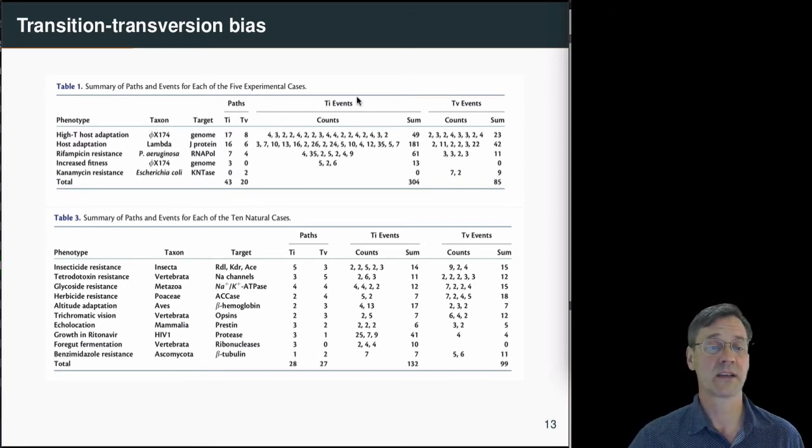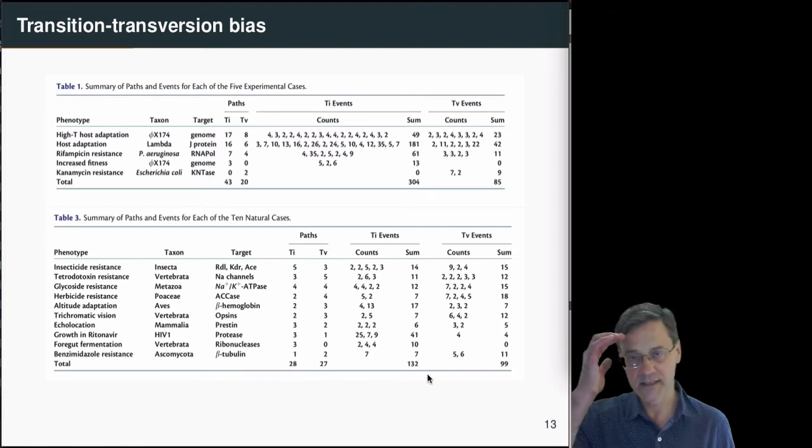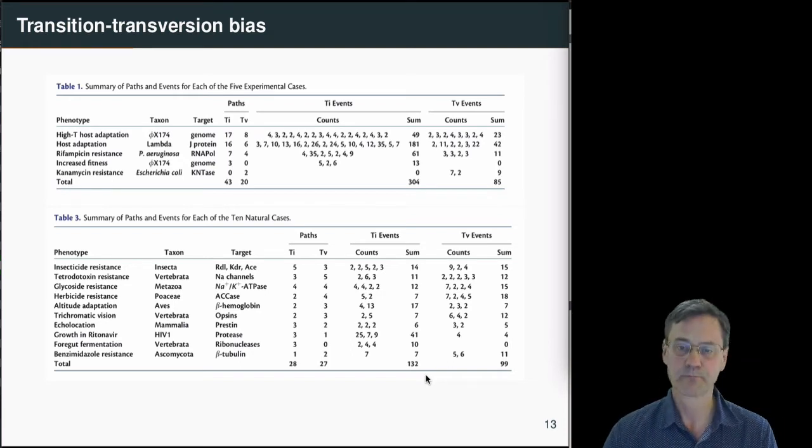But when we look at cases of parallel adaptation in the laboratory, we see a four-fold or maybe 6 or 7-fold, depending on how we count them, excess of transitions. And when we look at natural cases and aggregate all these data so that the numbers are large enough to do statistical tests, we find about a 2-fold or a 3-fold bias favoring transitions relative to the null 1 to 2 ratio. So that's the empirical case.